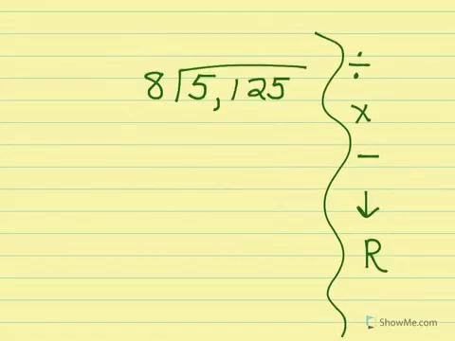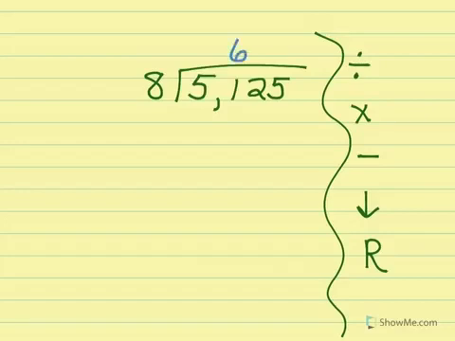Let's look at another example. 5,125 divided by 8. So I start out, how many 8s go into 5? None. So then I look at not just 5, but 51. How many 8s go into 51? Well, I know 6 times 8 is 48.